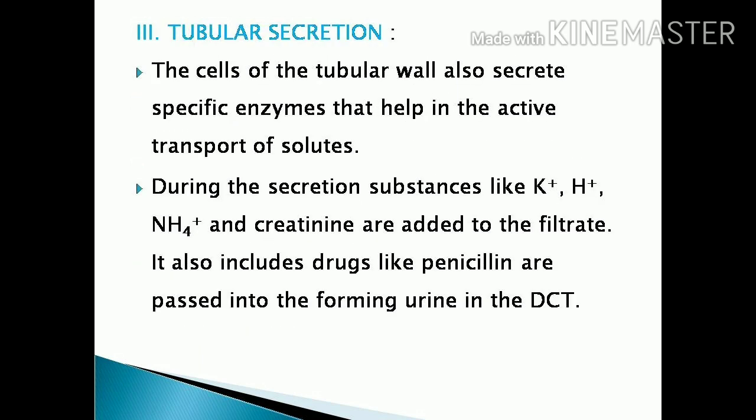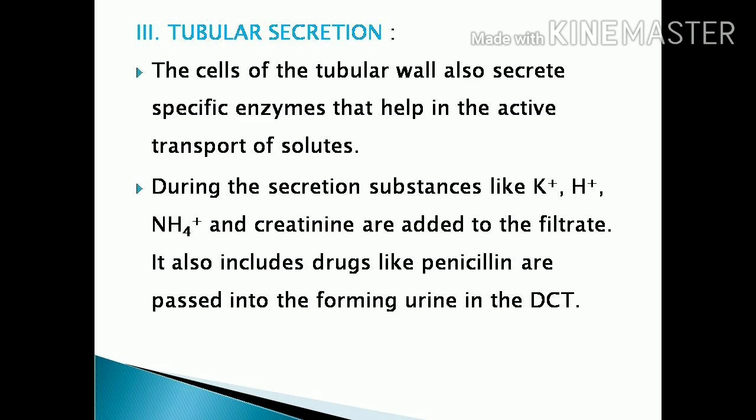Next, tubular secretion. The cells of the tubular wall also secrete specific enzymes that help in the active transport of solute. During the secretion, substances like K+, potassium ion, hydrogen ion, as well as NH4+ and creatinine are added to the filtrate.